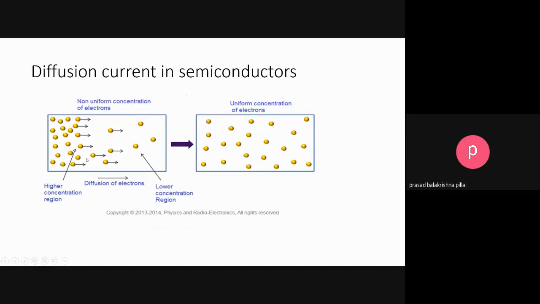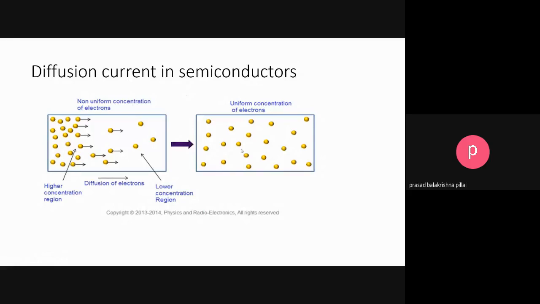Let us consider an N-type semiconductor. You have a non-uniformly doped or graded semiconductor. You see a higher concentration of electrons here and a low concentration there, so naturally they will diffuse into this. This is the basic process we are talking about.